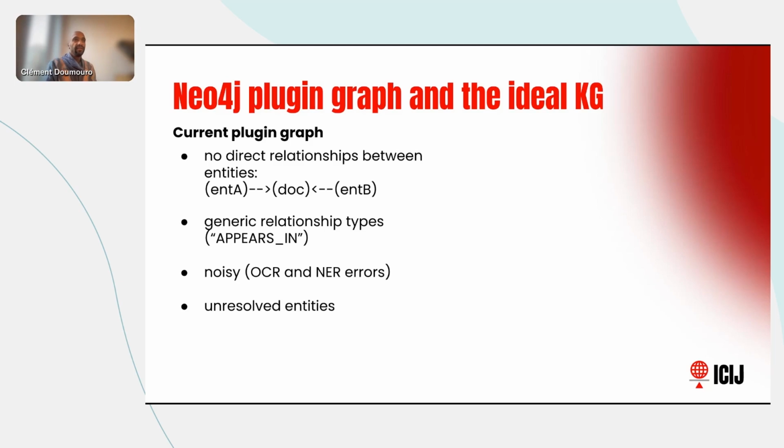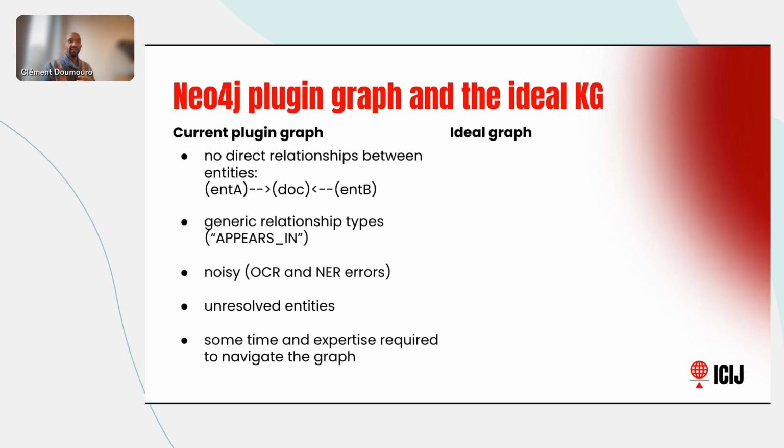Additionally, the entities were not resolved, meaning that there can be several nodes representing the same actual real-life entity. This is due to noise, but also due to inherent ambiguity between entities. Because of noise and unresolved entities, navigating this graph usually requires more time and dedication than a journalist can afford during an investigation.